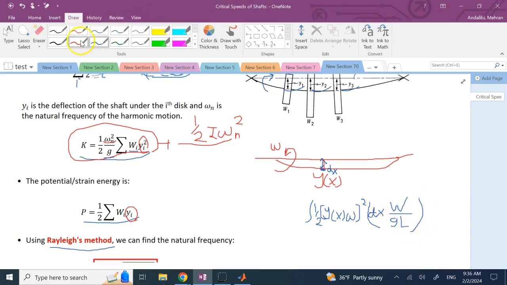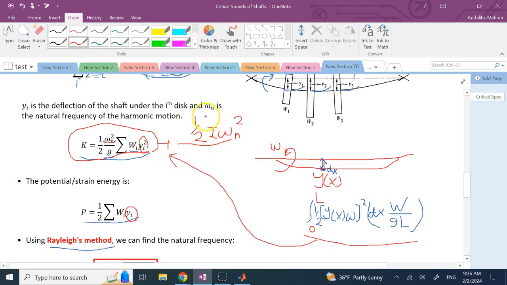And then you have to integrate this from 0 to L. This is the term that has to go there, not this one. So if this W of the shaft is not negligible, then you have to calculate this.